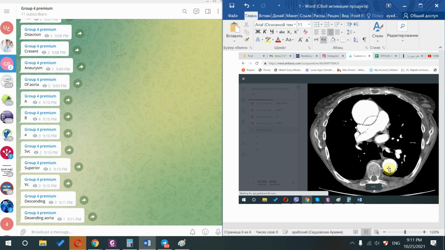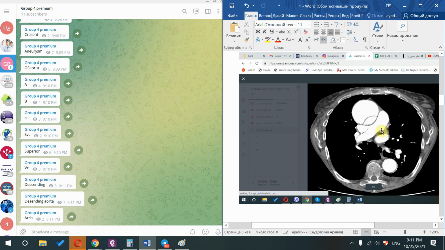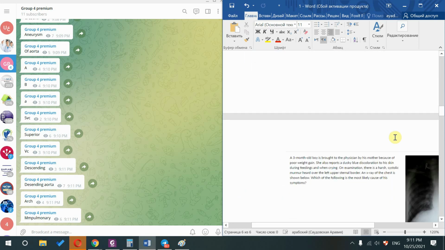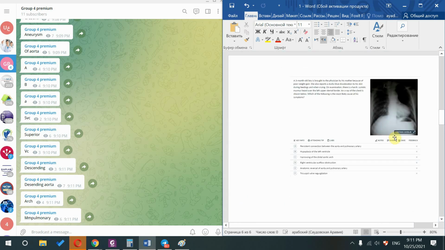Excellent, descending aorta. You're like, wait a second, this is ascending and this is descending. Yep. So it goes from here and loops and goes down. Exactly, the arch. So it arches and goes down. So what is this here? Yes, it's the pulmonary trunk. Excellent. Good job, guys. Okay, one more question.